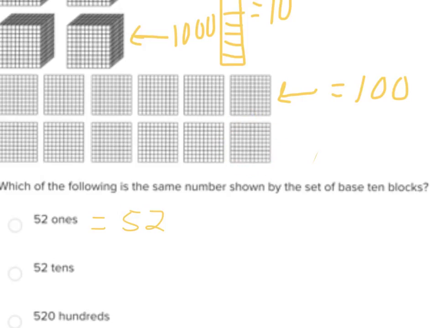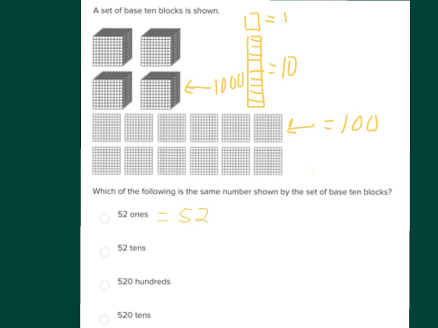So this is not 52 ones. Does it have 52 tens? Well, 52 tens would equal 52 in the tens place, which is the second place. So 52 tens would be 520.